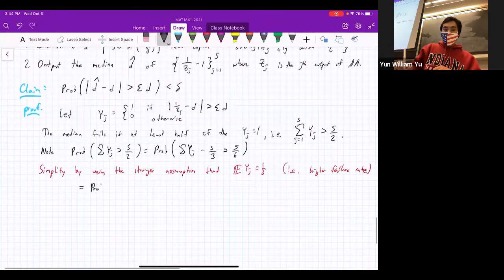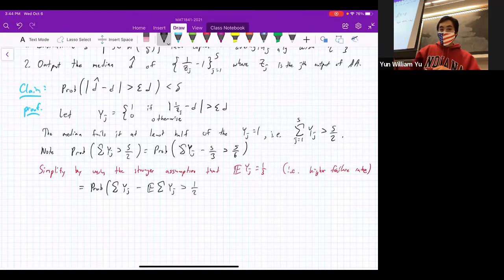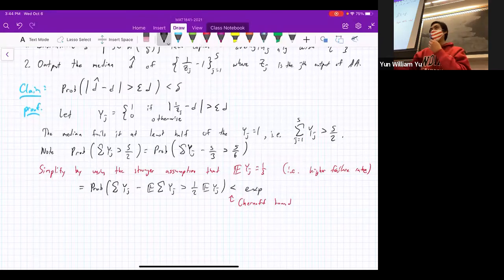So this is equal to the probability that the sum over yj minus the expectation of the sum over yj is greater than 1/2 of the expectation of the sum. Well, that's less than some Chernoff bound. This is a slightly different form of a Chernoff bound than the one in the textbook, but it is another one of the various forms. It gives exponential of minus 0.5 squared times s over 3 divided by 3, which is less than delta by construction.